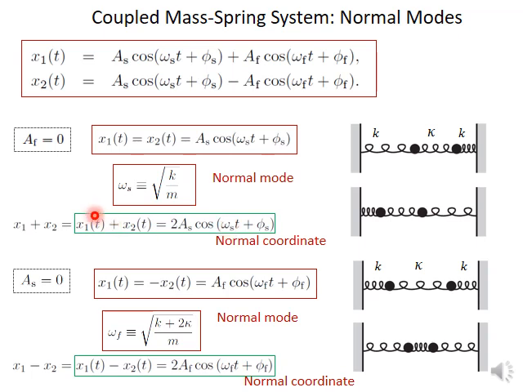So you have an uncoupled harmonic oscillator represented by this normal mode, and another uncoupled harmonic oscillator represented by this normal mode and normal coordinate. So this makes the maths a lot easier if you define these normal coordinates in this way.